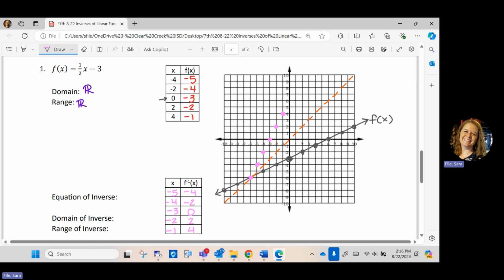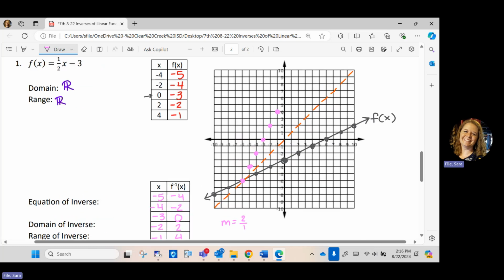So I could keep going. Can't I just count the slope between these points and figure out what it is and keep repeating it? What is the slope between the pink points? What's my rise over run between these? Rise 2 and run 1.